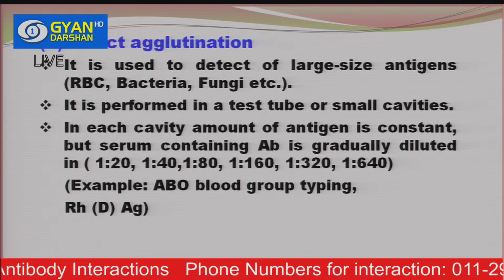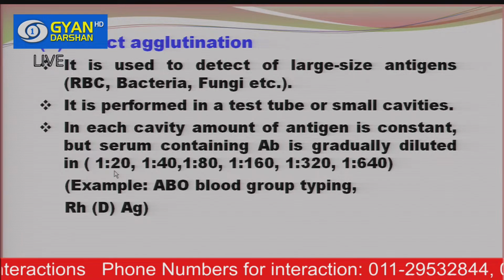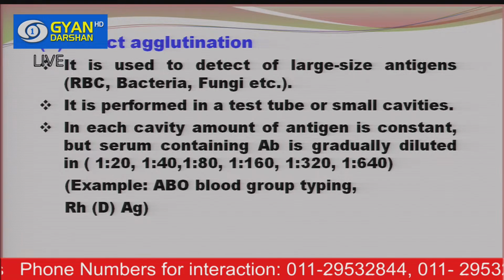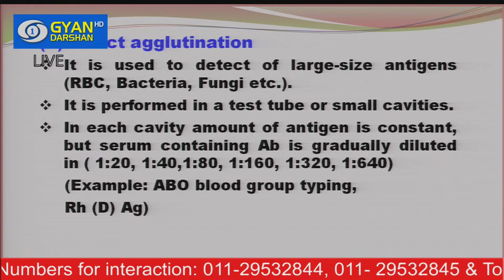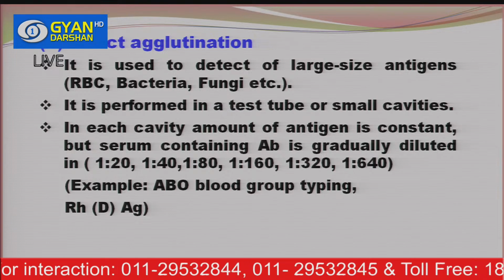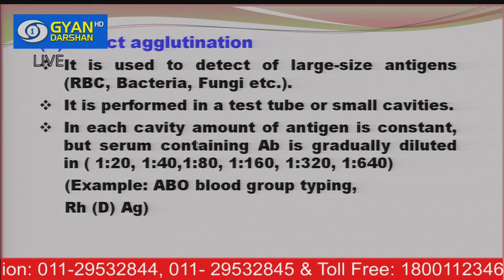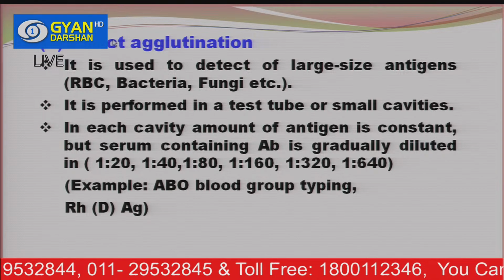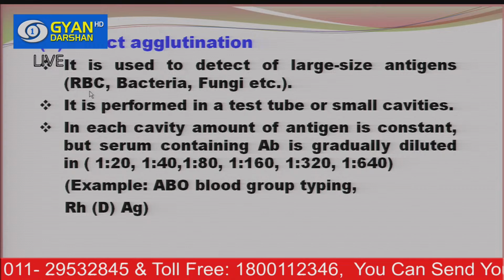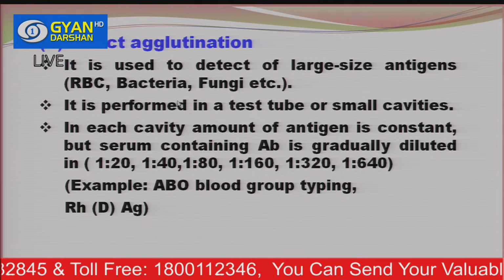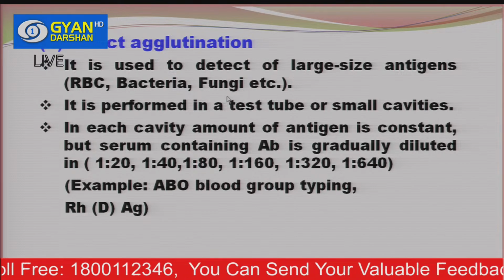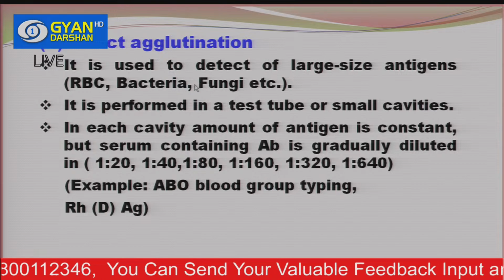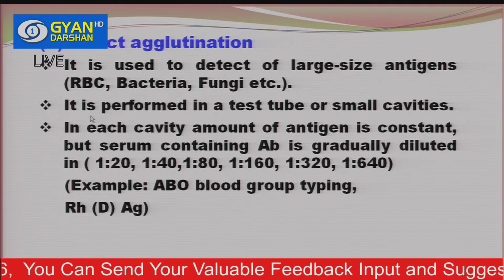So we can understand direct agglutination. It is used to detect large-sized antigens like RBCs, bacteria, and fungi. The antibody directly binds to the particular pathogen, RBC, or fungi, so they can bind it, or we can measure their concentration.